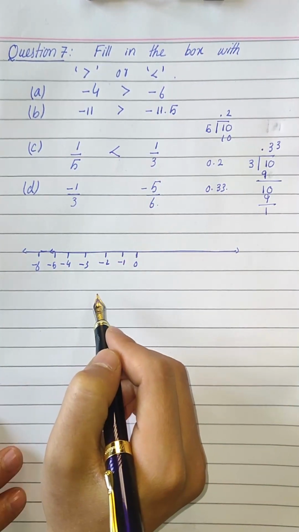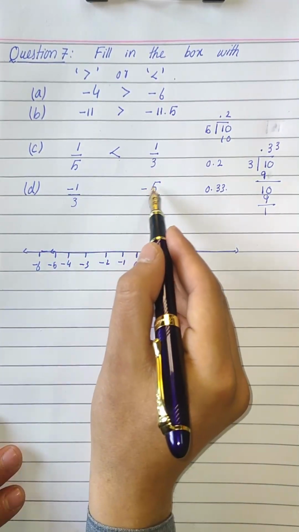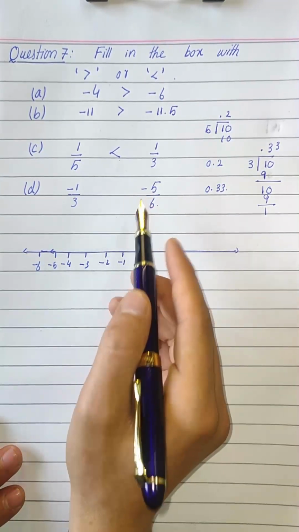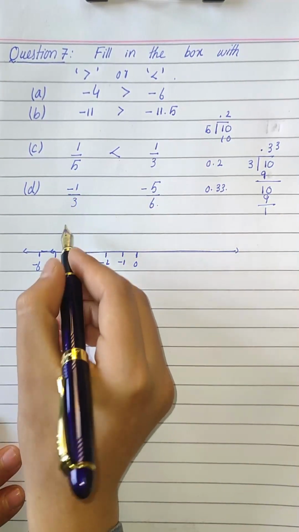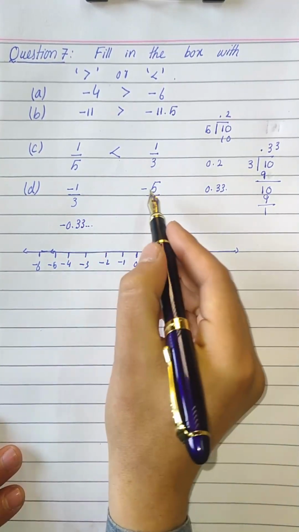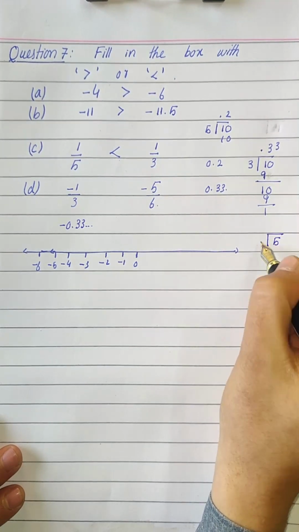And then in part D we have -1 over 3 and -5 over 6. First of all, we change them into decimals. We have -1 over 3, which is -0.33 and so on. And then we have -5 by 6. We have to divide 5 by 6.